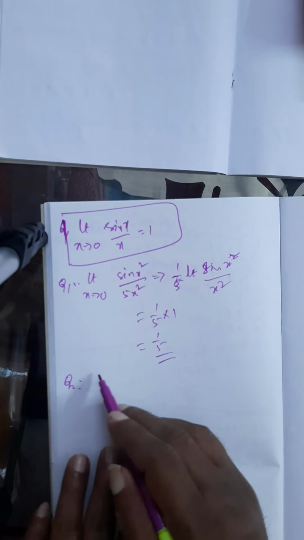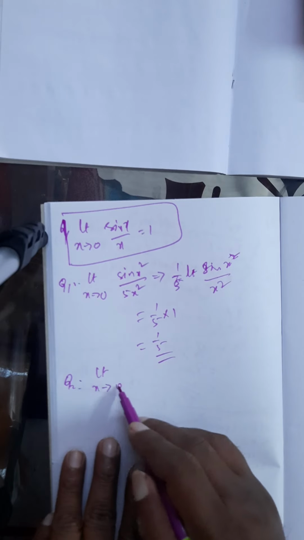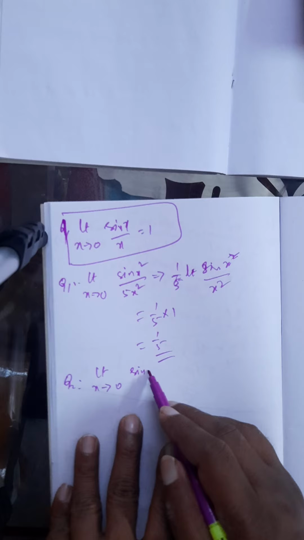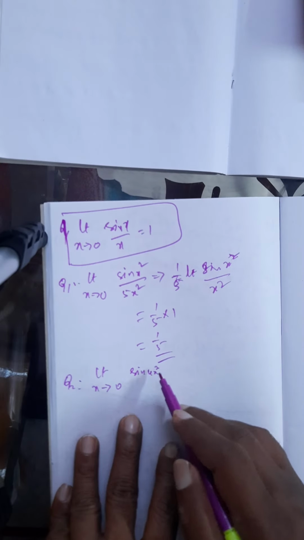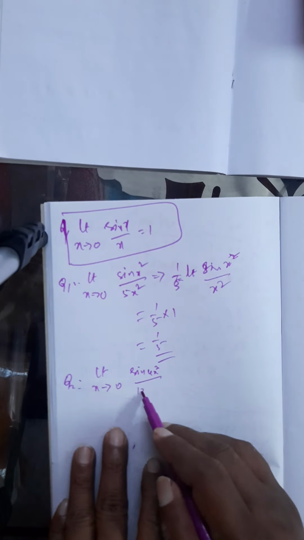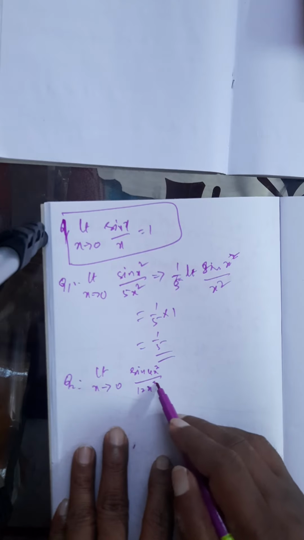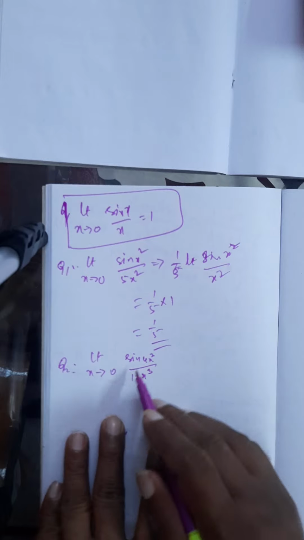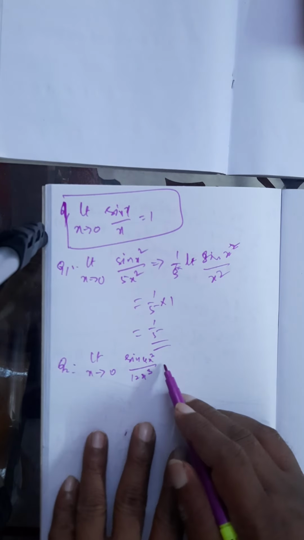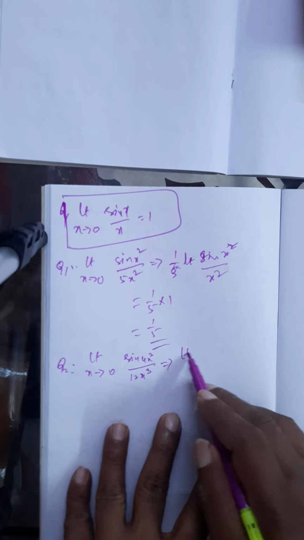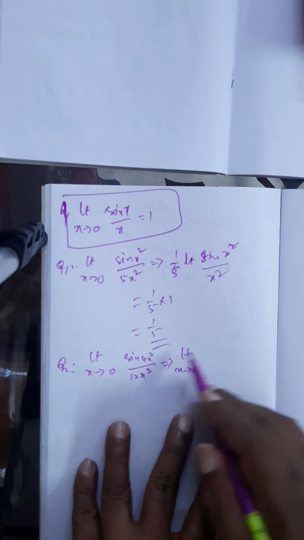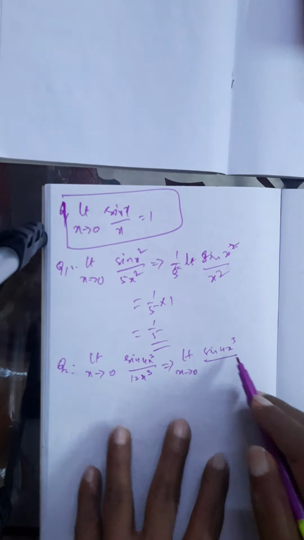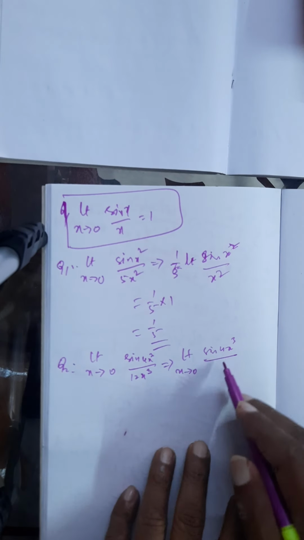Second question, if it is like that, x tends to 0, sin 4x³ by 12x³. So again we can make it the same, then we can apply the limit. We can write this as the limit x tends to 0 of sin of 4x³ divided by 12x³.